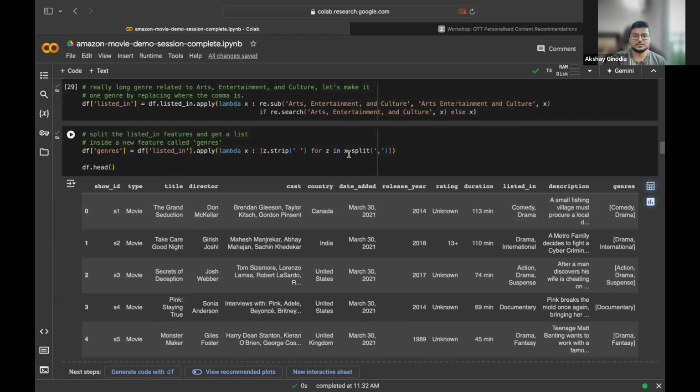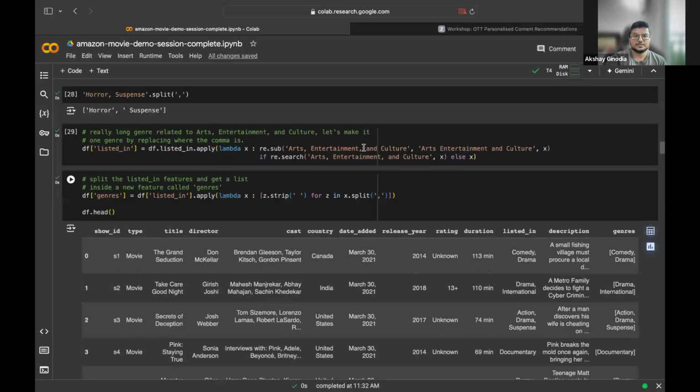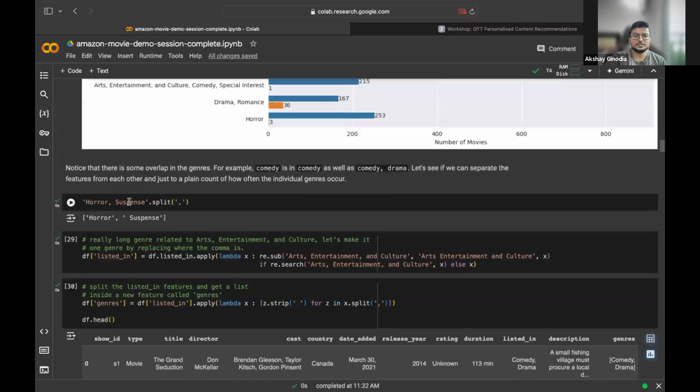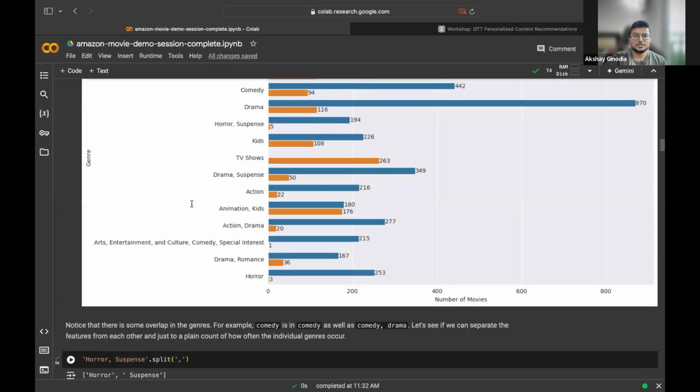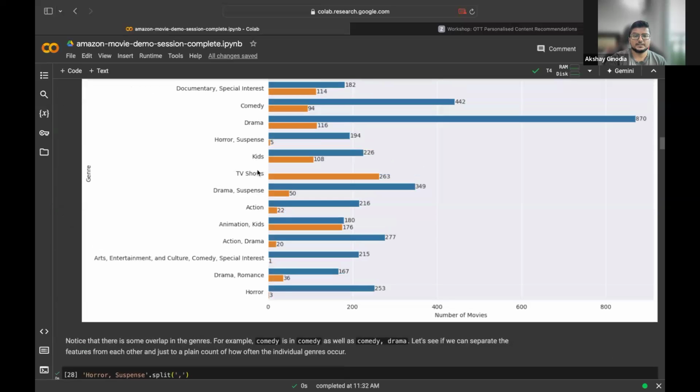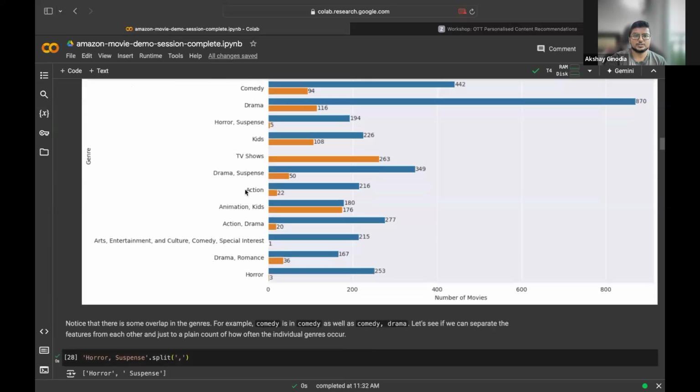Here I'm applying the function x.split. For every single value in the column, it's going to apply split, which is what we saw, splitting on comma. For the single ones, like kids and TV shows, there is no comma, so they are going to remain as they are and not be split.